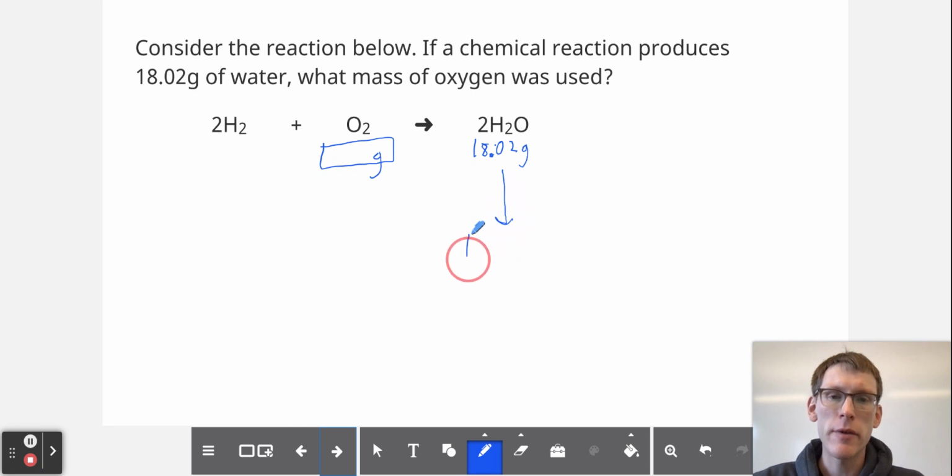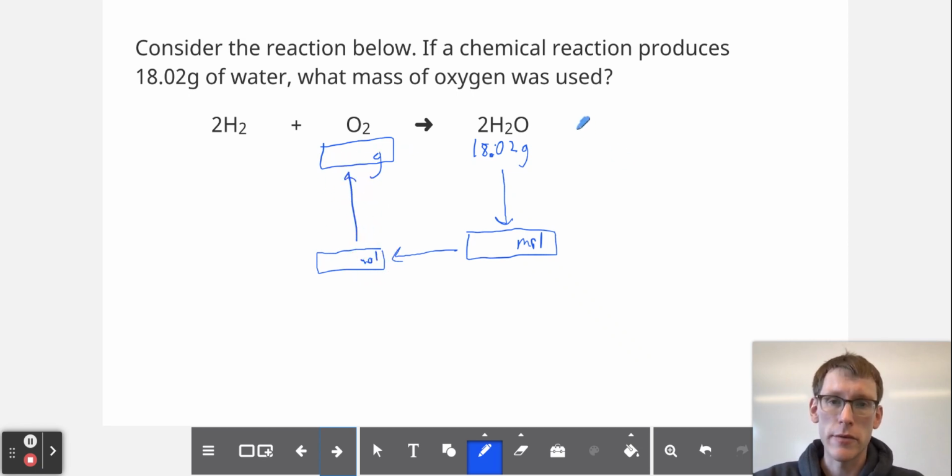And that's something that we've seen in this course previously. When in doubt, convert to moles. So if I start off with 18.02 grams of water, I can convert that to moles of water. And from moles of water, I can convert to moles of O2. And from moles of O2, I can convert to grams of O2.